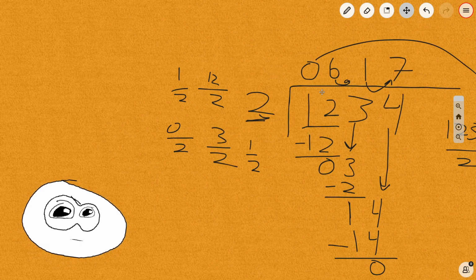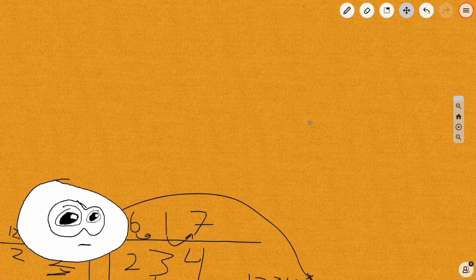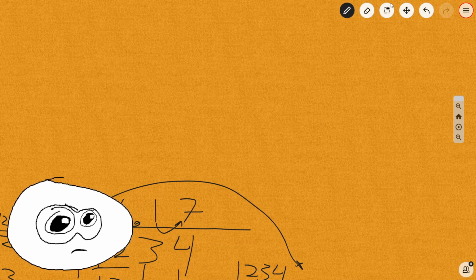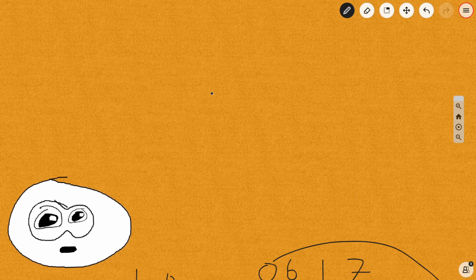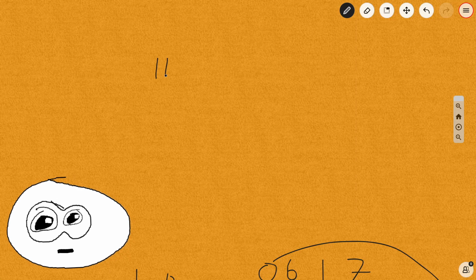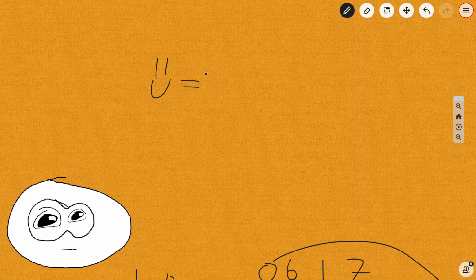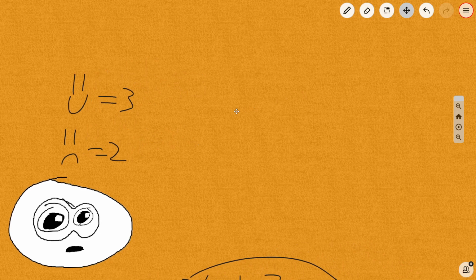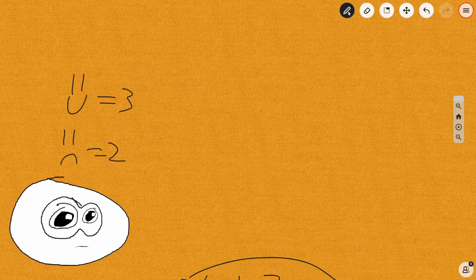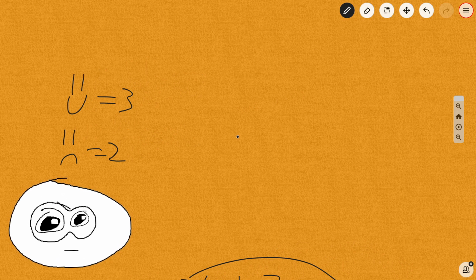And the nice thing about math is that these formulas work for everything, right? So even if we do something a little bit more advanced, which is variables, let's say smiley face equals 3, frowny face equals 2, right? And the way in which you do this math would be the exact same way.